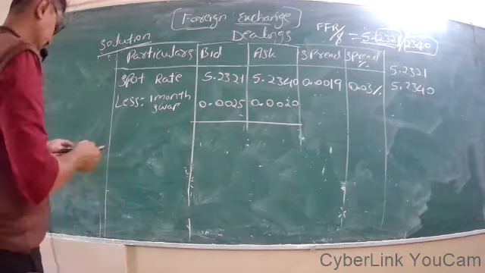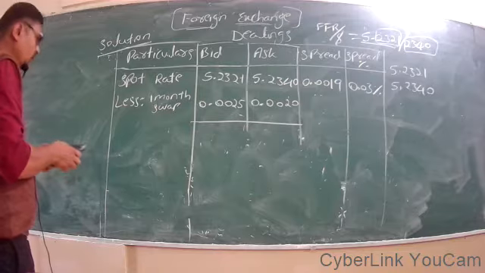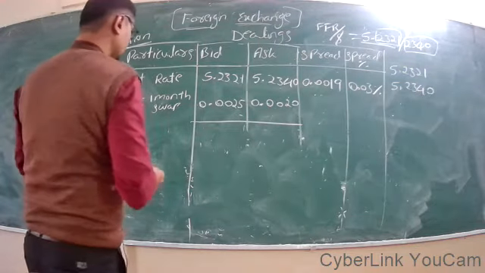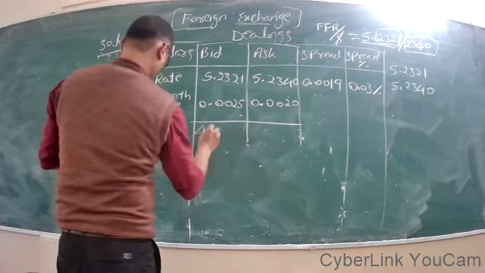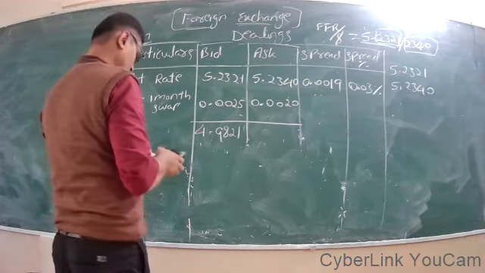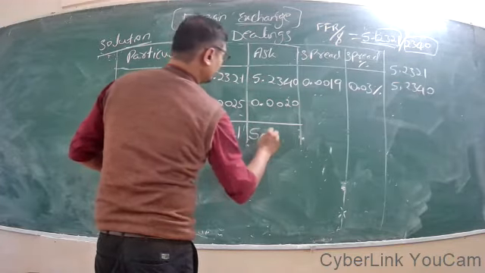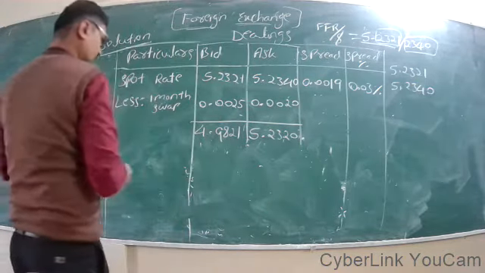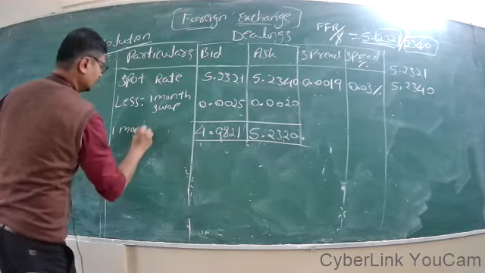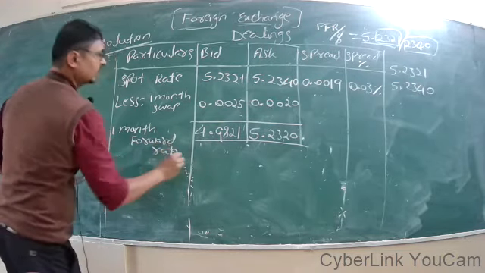So the answer is 5.2321 minus 0.0025, which is 5.2320, right? Now, this is the 1 month forward rate.